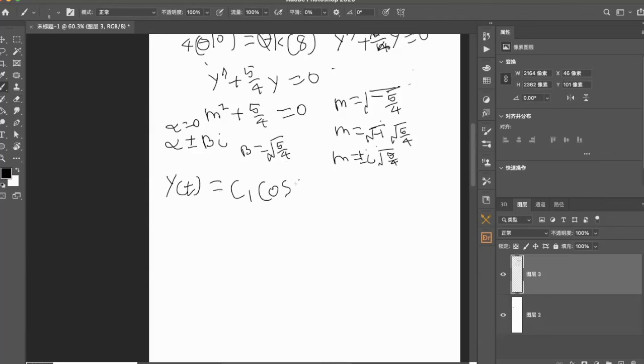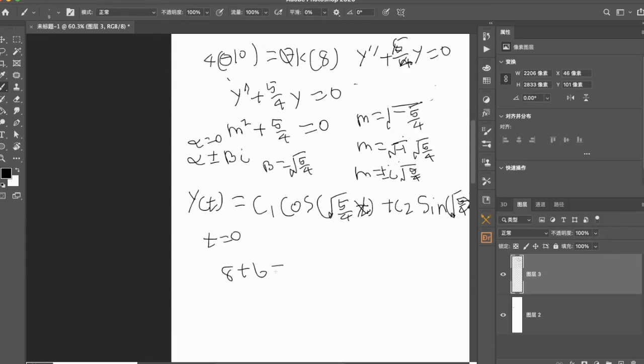It is c1 cosine square root of 5 over 4 x plus c2 sine square root of 5 over 4 x. You can see this actually makes sense, since the spring was oscillating, and normally in an oscillating situation we are going to use sine and cosine. Not really unexpected, right?